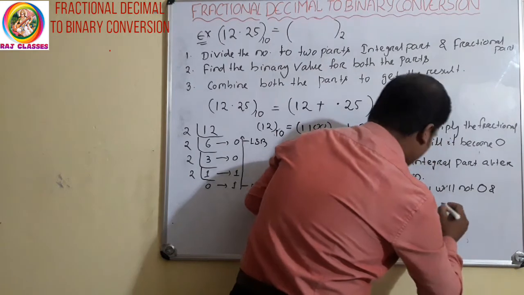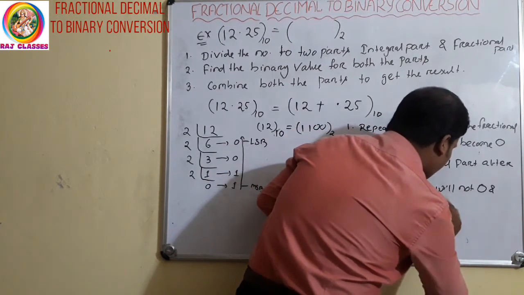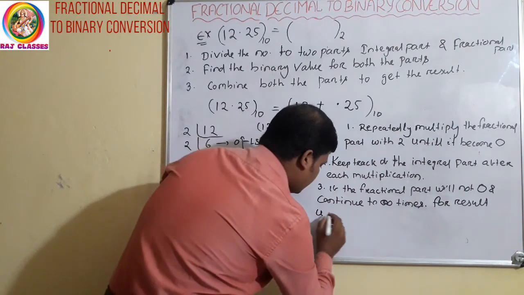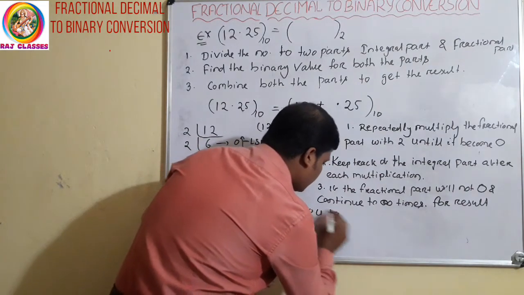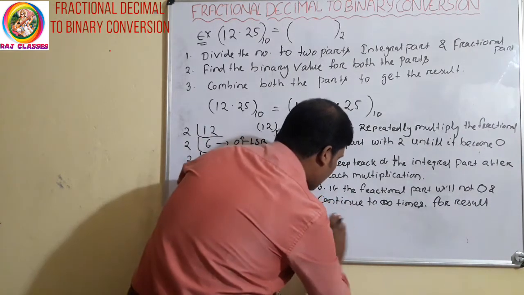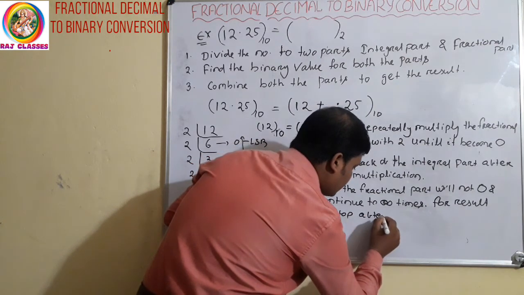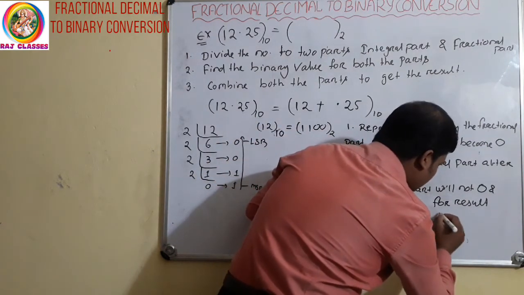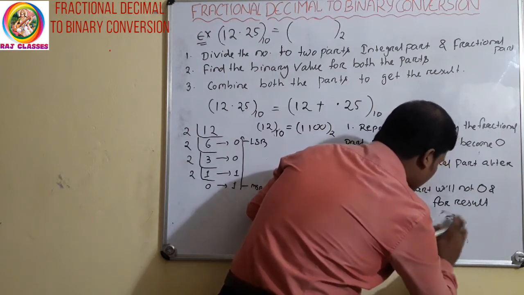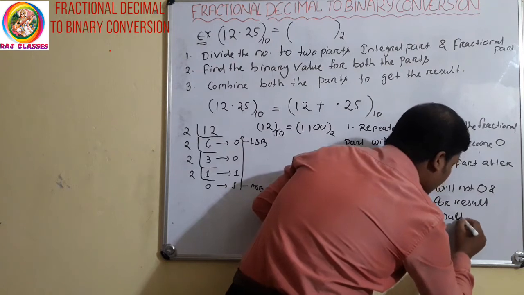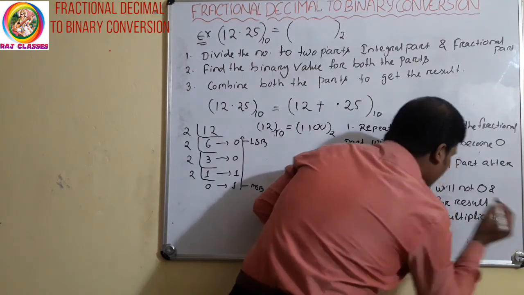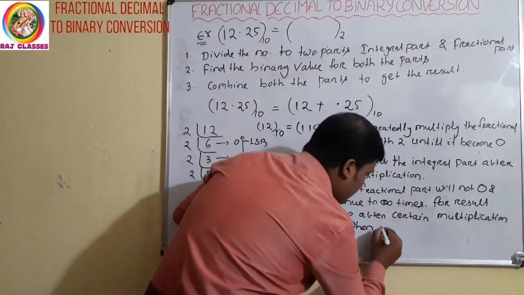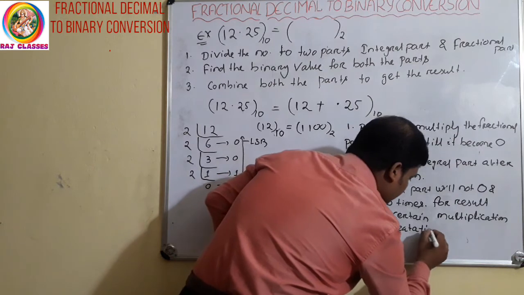You can take the integral parts for the result and stop after a certain number of multiplications, or you can stop when a repetition comes.